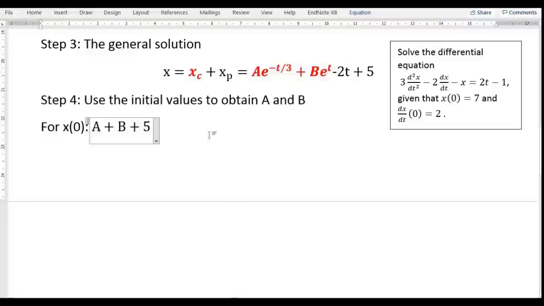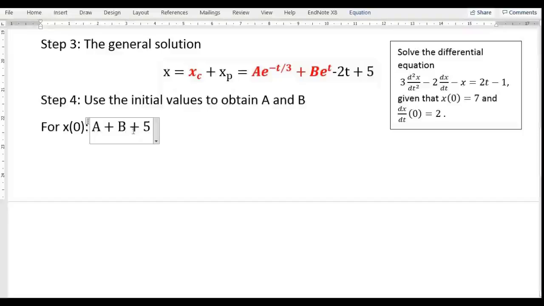For x, we take the expression at t equals 0, so we substitute this inside the expression here. So we're going to get a times the exponent 0, which is going to give us 1. So we have a plus b, and this part, minus 2 times 0, will give us 0.